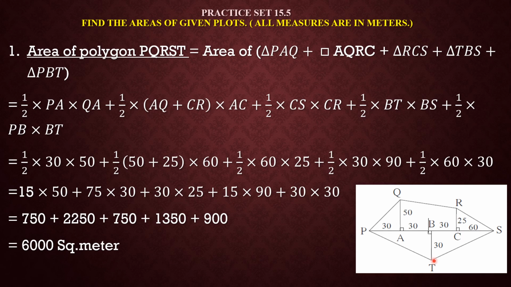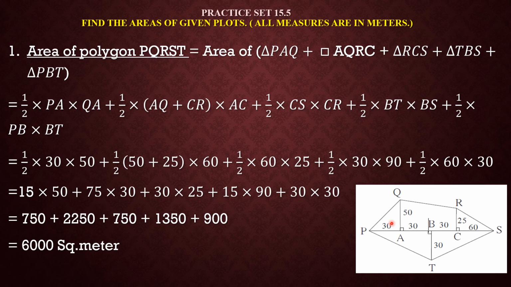Okay, so the formula to find the area of polygon PQRST is area of triangle PAQ plus area of quadrilateral AQRC plus area of triangle RCS plus area of triangle TBS plus area of triangle PBT. Now area of triangle PAQ. This is triangle PAQ.